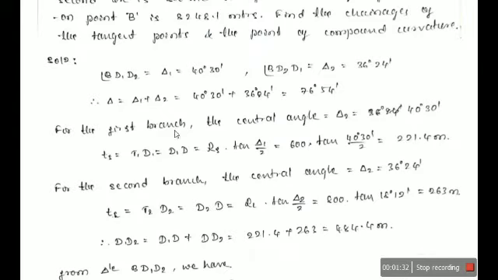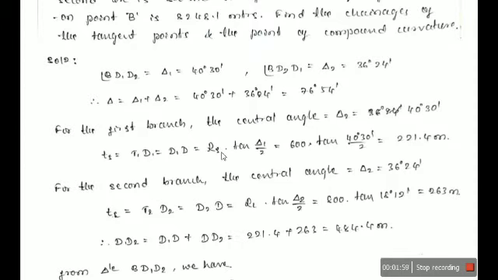Now for the first branch, means the first arc, the central angle is delta 1, that is 40 degrees 30 minutes. Using this, we have to calculate the tangent length, that is TS, equal to T1D1. The general formula is R tan delta by 2.